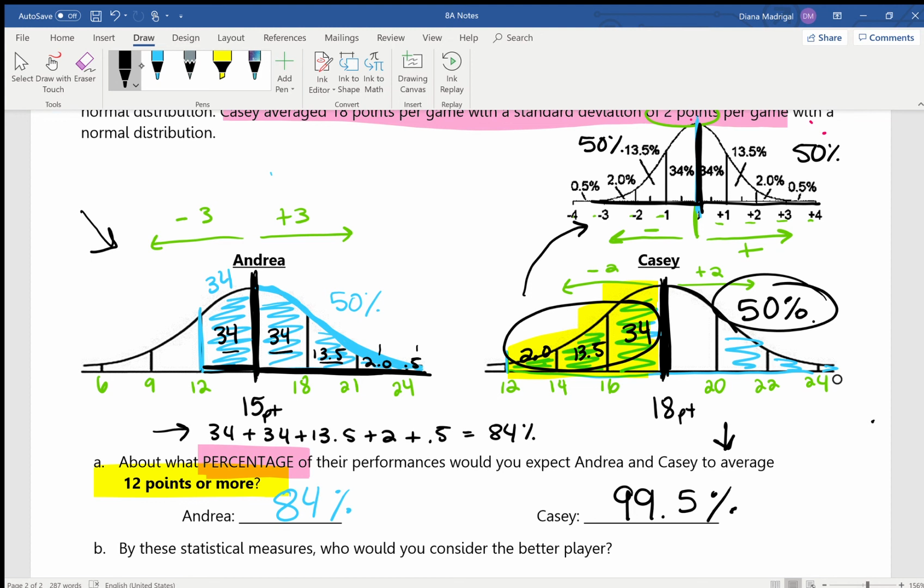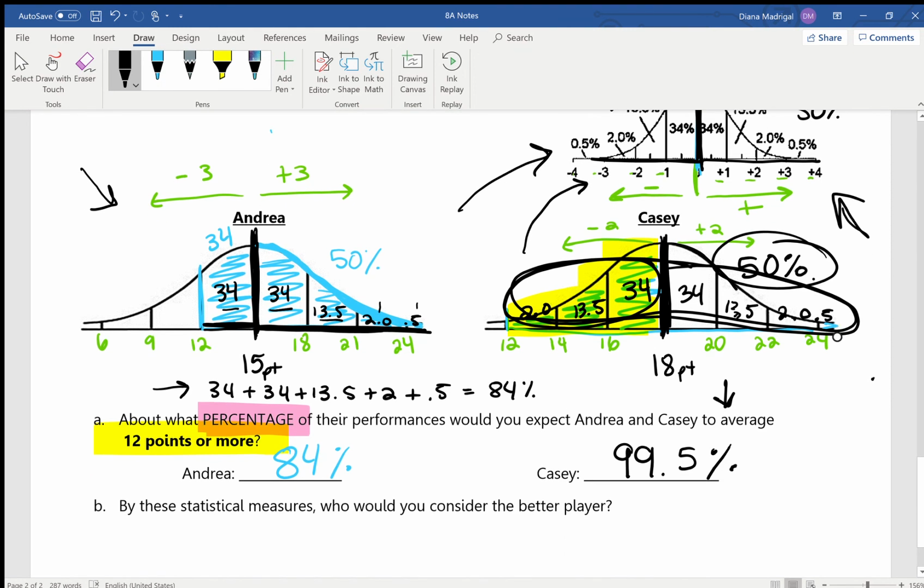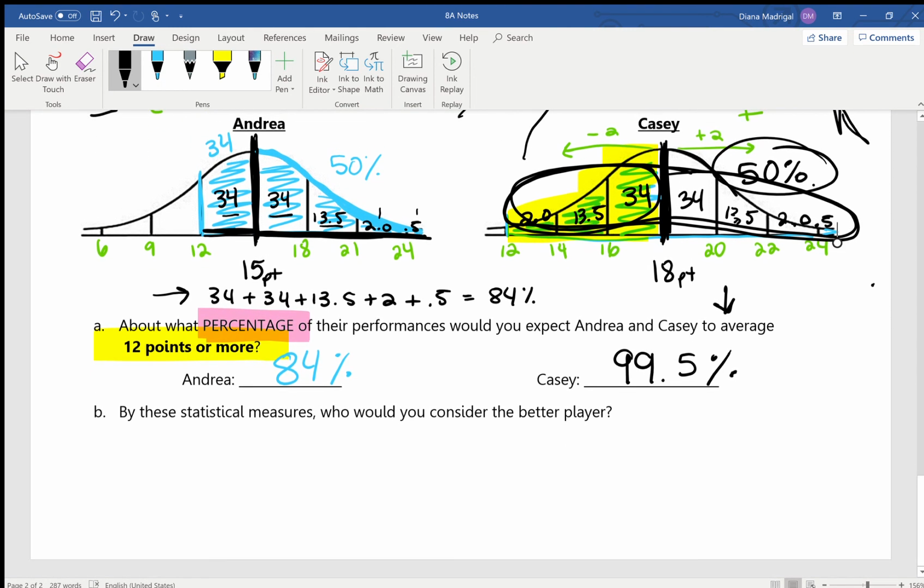Or if you still can't figure out what is 50, we use this side: this is 34, this is 13.5, this is 2, and this is 0.5. When you add all of these together, it still equals 99.5. So there are different ways you can get your answer. It all depends on how you are understanding your table over here. The point is that all you have to do is add the percentages together, and that's how you get your percentage.